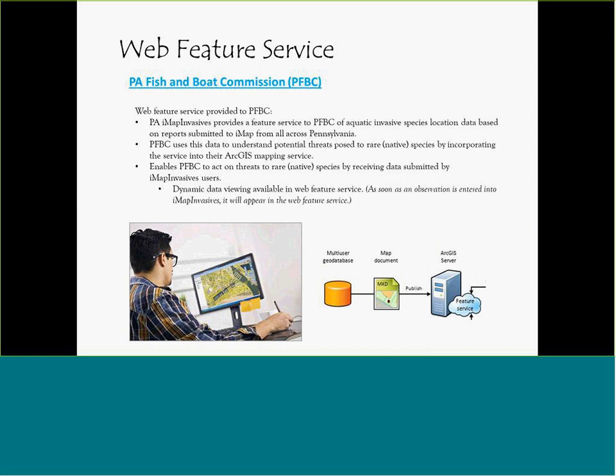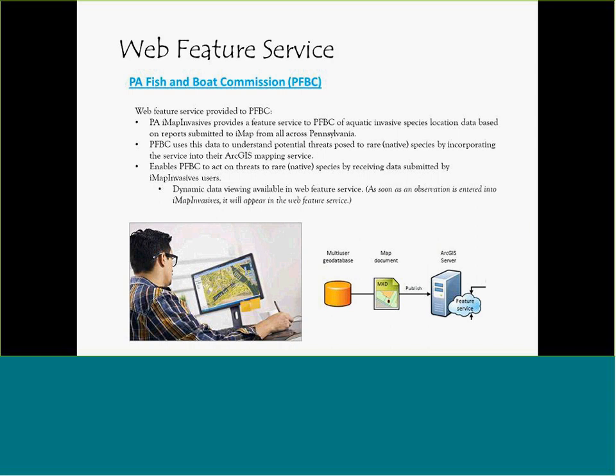If you're not familiar with a web feature service, I want to explain a little bit more what this is and what it means. We're providing this feature service to Fish and Boat specifically for aquatic invasive species location data, based on reports being submitted to iMapInvasives from all over Pennsylvania.